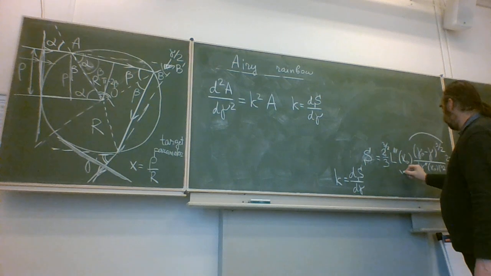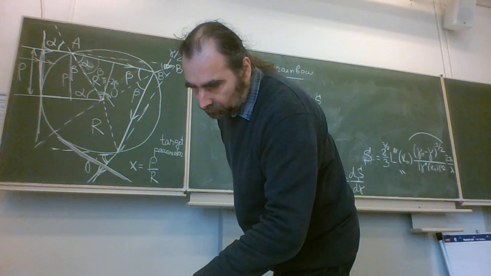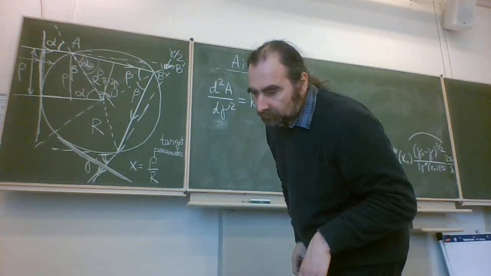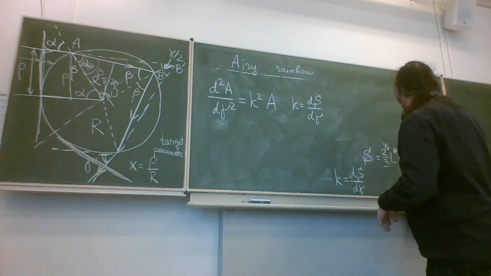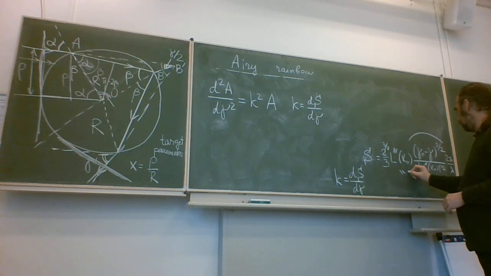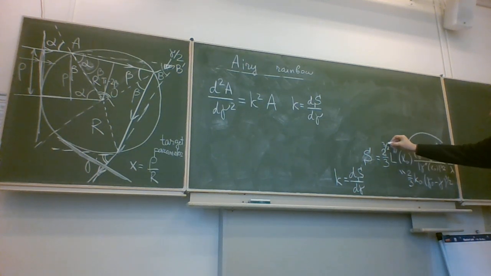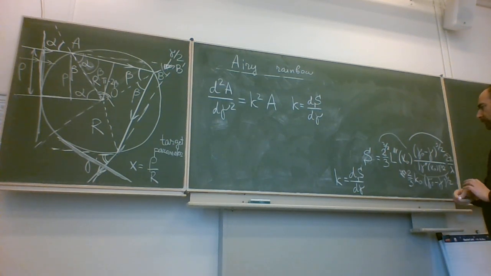Let me call this 2/3 k naught times gamma naught minus gamma to the 3/2. And k naught would contain all of that, all those factors. It's just the definition of k naught if you want.